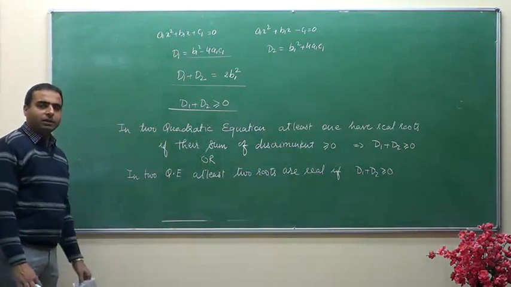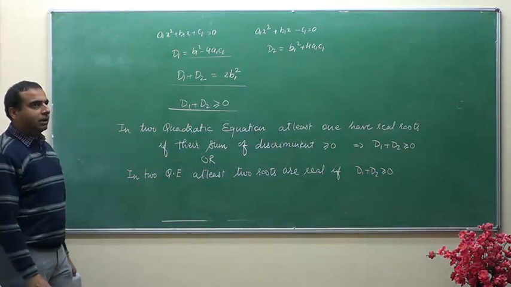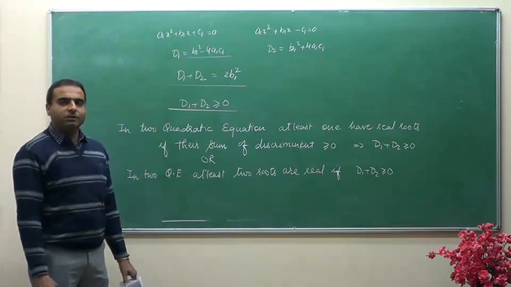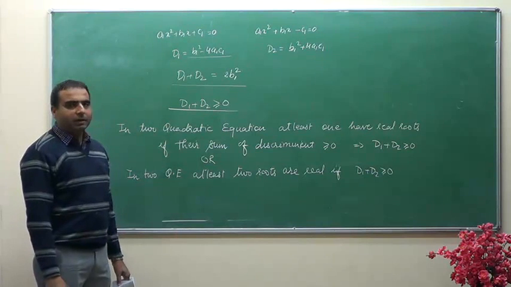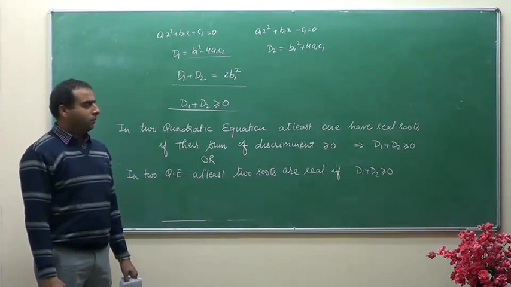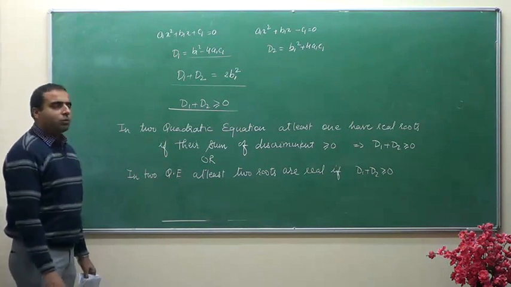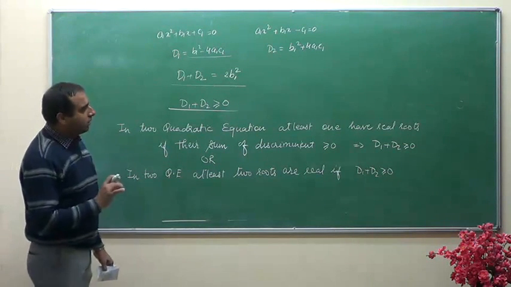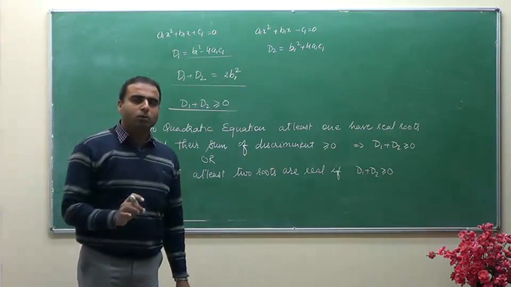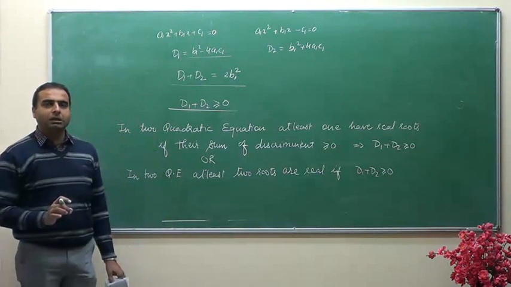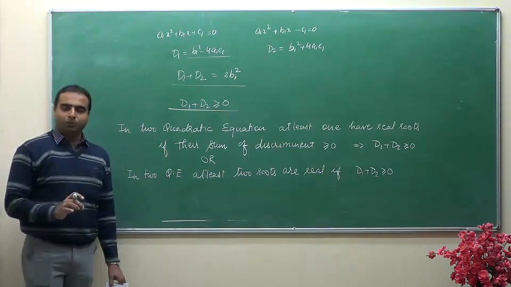Or in other words, we can say that in two quadratic equations, at least two roots are real if the sum of discriminants is greater than or equal to 0. Because in two quadratic equations, the maximum number of roots is 4, and of those 4 roots, 2 roots will be real if their sum of discriminants is greater than or equal to 0.